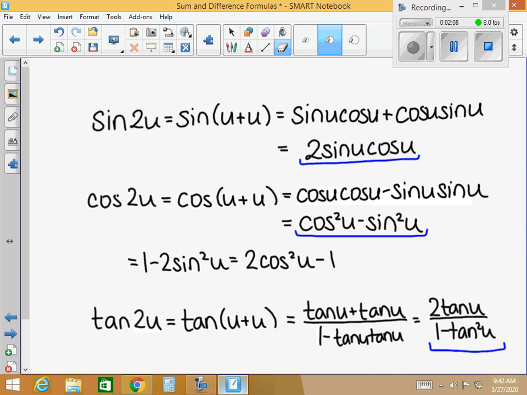This is the only one where we have lots of choices, meaning 3 different ways. If I see a cosine of 2u on my paper and I need to write it in terms of angle u instead of 2u, I can write it all in terms of sines, only in terms of cosines, or using both, depending on what's most beneficial to me in that problem.